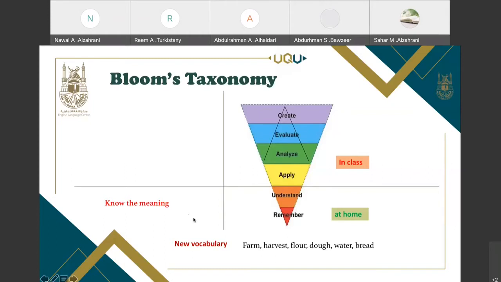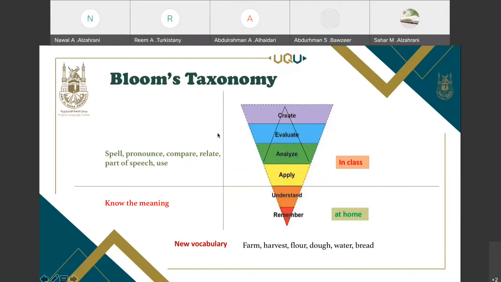What shall I do in class? Students know the meaning, students know the pronunciation. What am I doing in class? What is my objective? What is the objective usually decided for teaching vocabulary? In classroom, we have spelling.